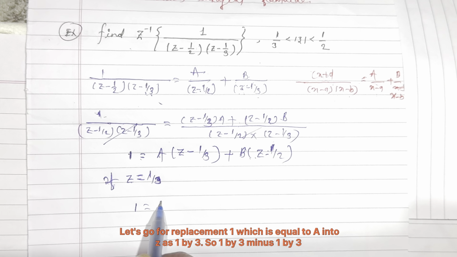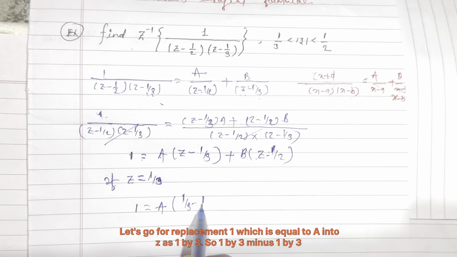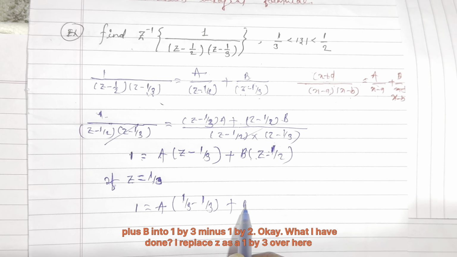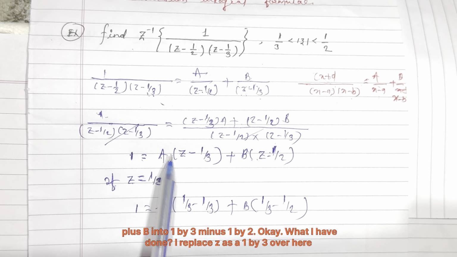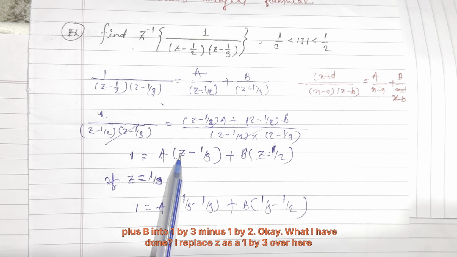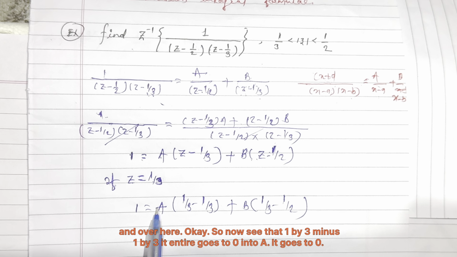1 is equal to a into (1/3 - 1/3) plus b into (1/3 - 1/2). What I have done is replace z as 1/3 over here and over here. Now see that 1/3 - 1/3 entirely goes to 0, so a into 0 goes to 0.